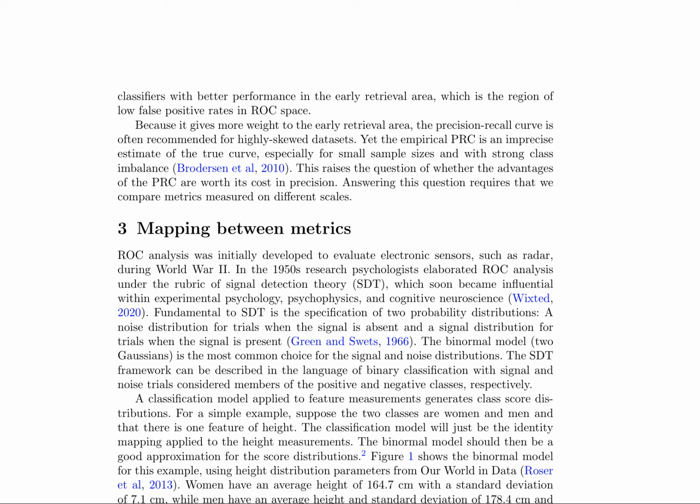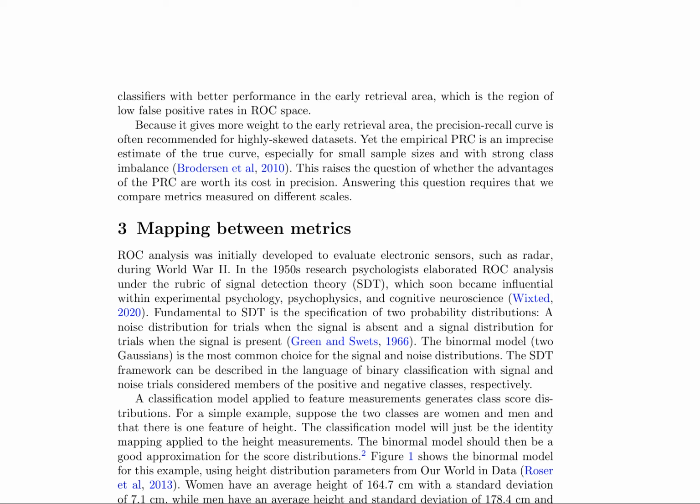The receiver operating characteristic (ROC) analysis, initially developed for evaluating electronic sensors, has been influential in experimental psychology, psychophysics, and cognitive neuroscience. The signal detection theory (SDT) framework, fundamental to ROC analysis, specifies two probability distributions: a noise distribution for trials when the signal is absent and a signal distribution for trials when the signal is present.